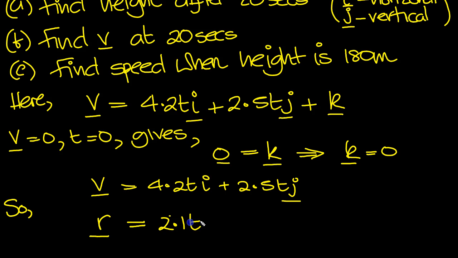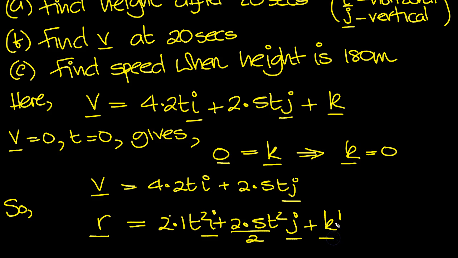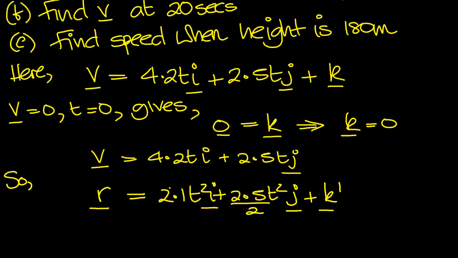So we'll write that down straight away. Raise the power by 1, divided by 2. 4.2 over 2 is 2.1, i, plus 2.5, raise the power by 1 over 2, j. Plus a constant of integration which we'll call k dashed, vector-wise.